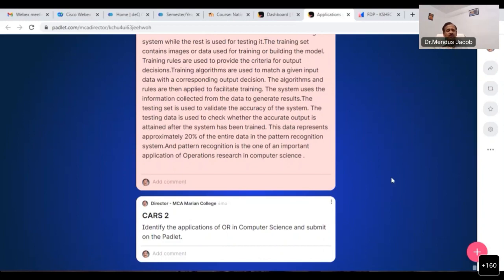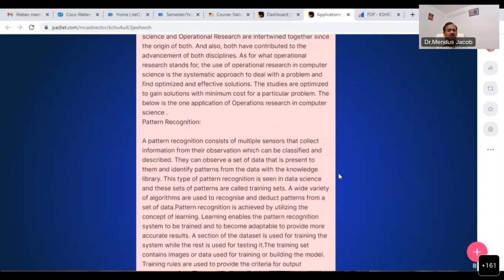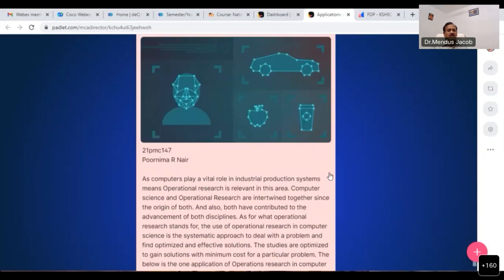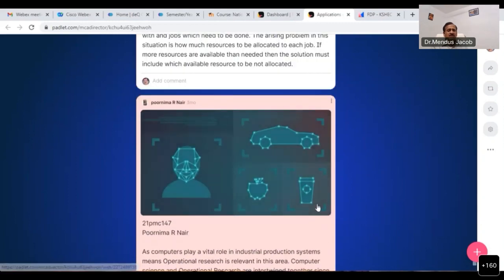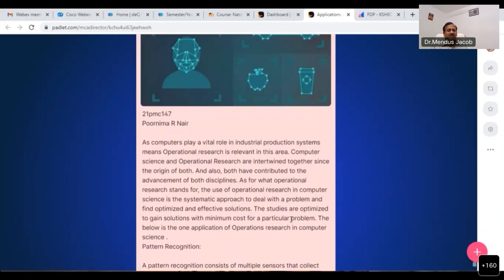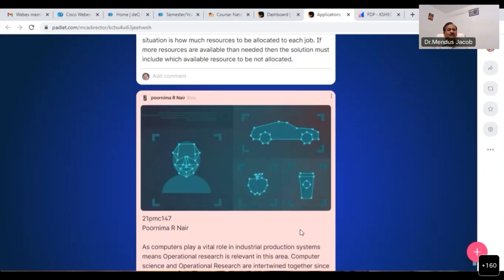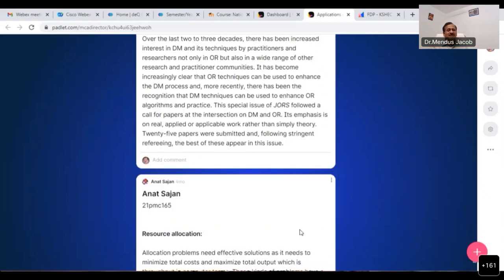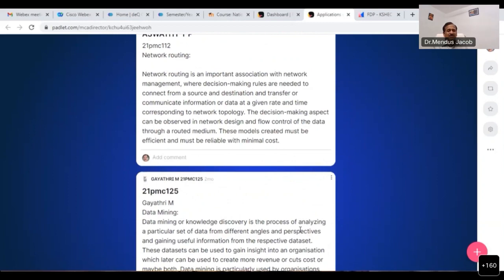So this is an example. Now, one condition is that the first student submits the assignment, and the other students cannot copy the same content. They have to identify another application and submit it after that.